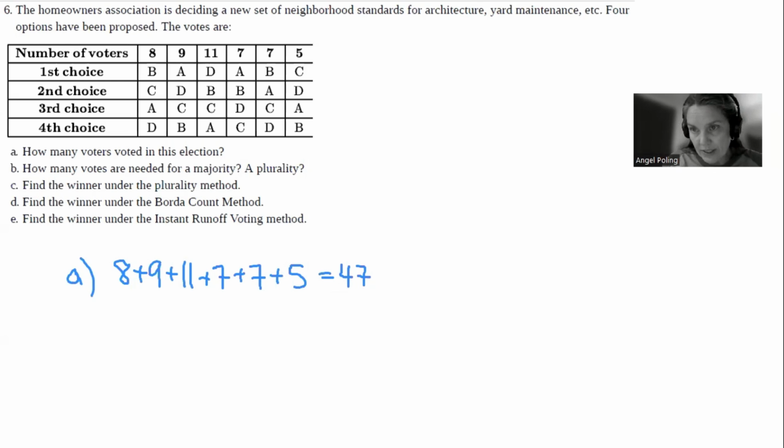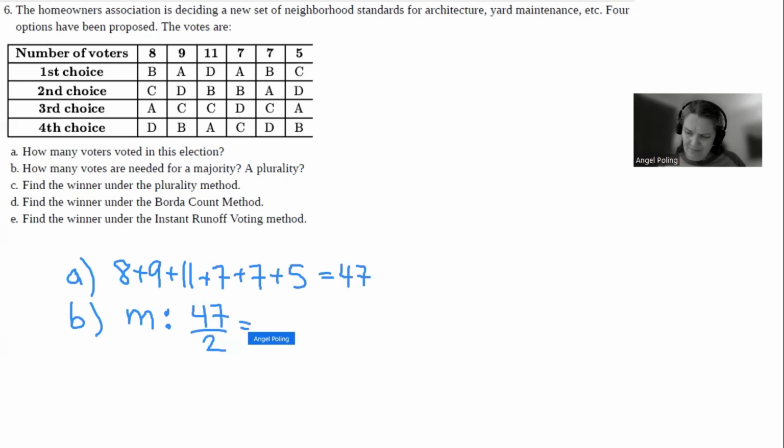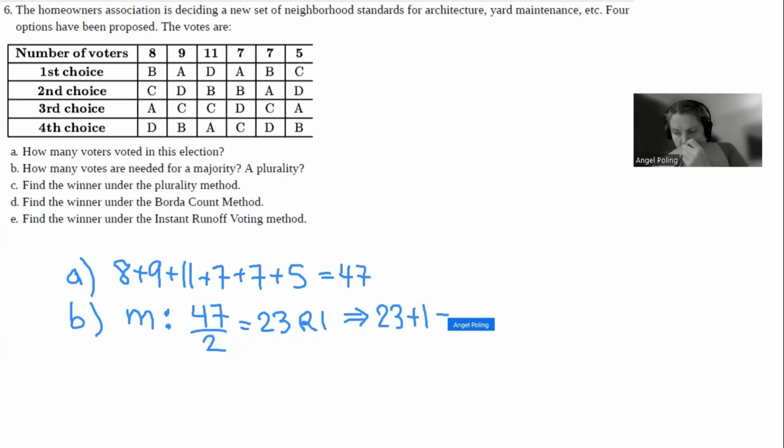Make sure my notes are right. And then how many votes for majority? Same sort of thing. 47 divided by 2 is 23, remainder 1. So 23 plus 1. Sorry, 24 votes for majority.